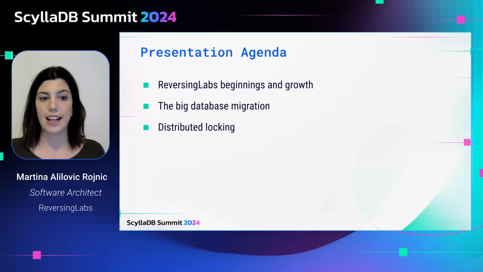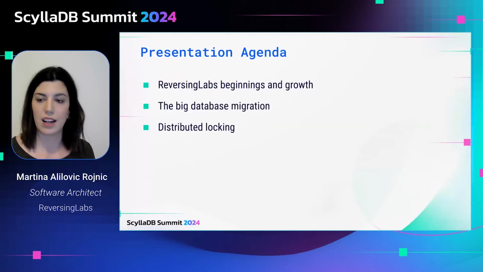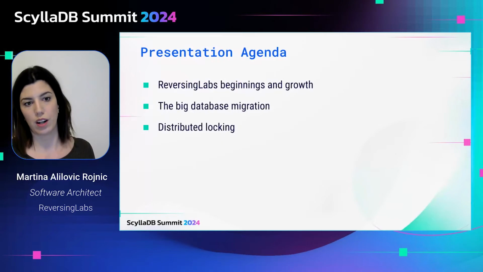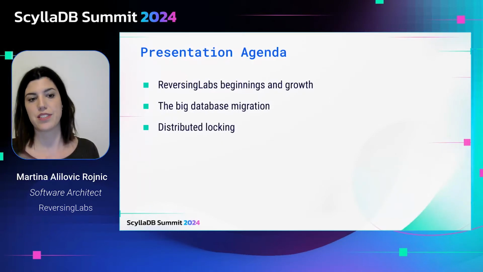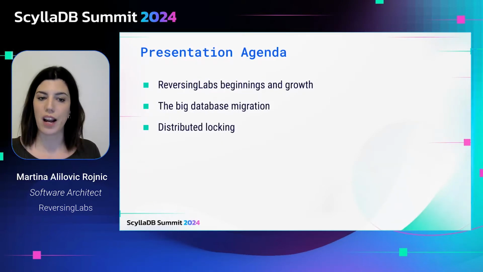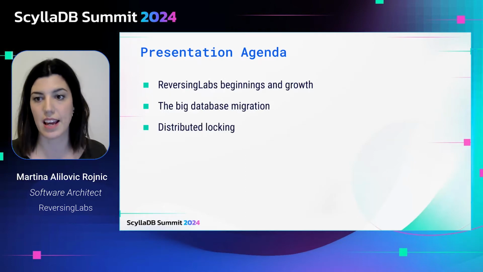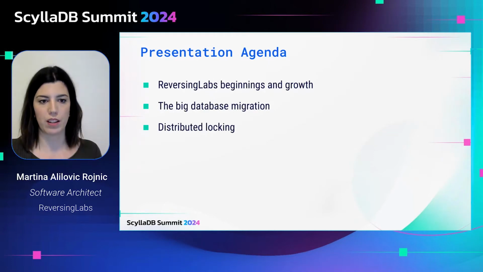Then I'd like to talk about the migration and lead you through a couple of different steps we took to migrate all our services and all our databases. So we'll go through that.